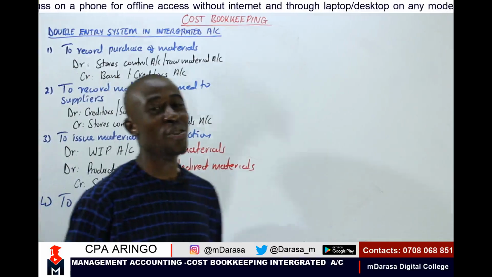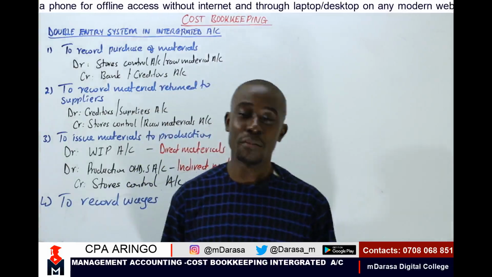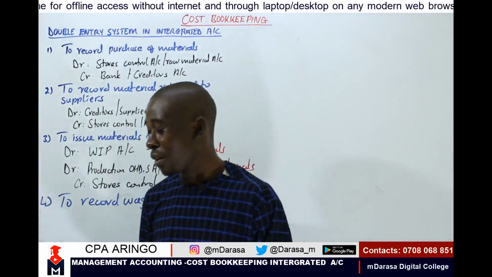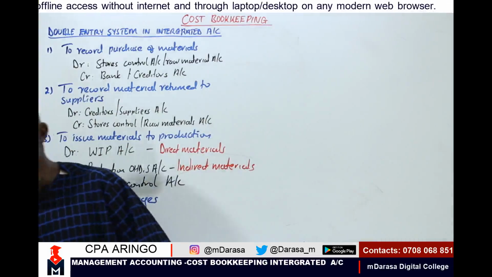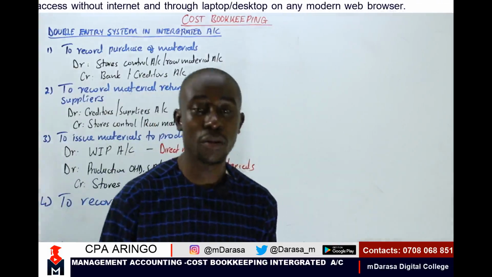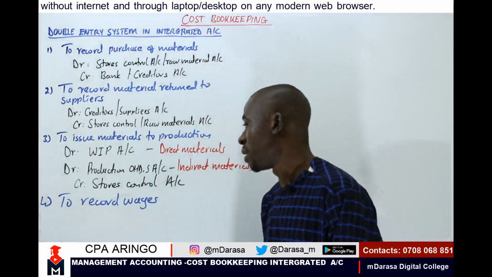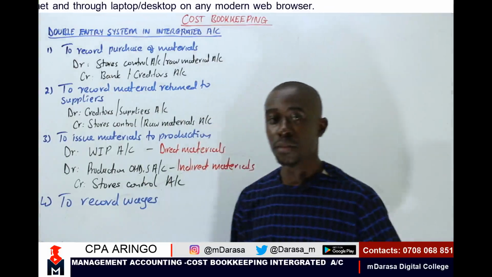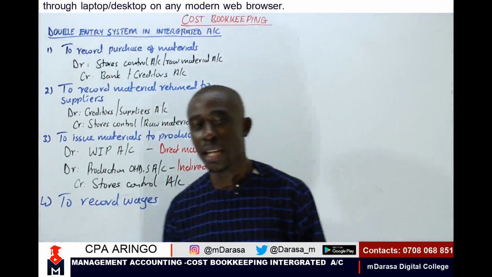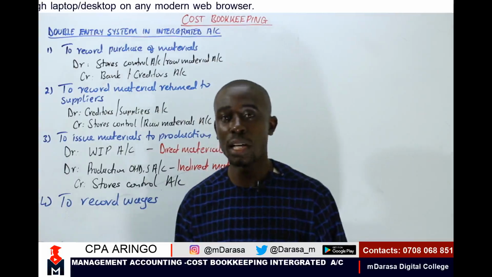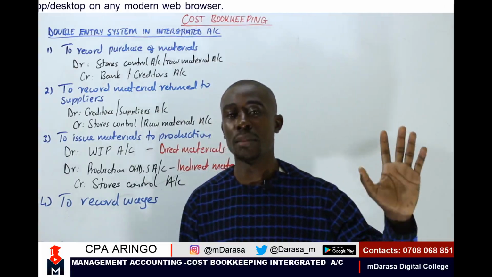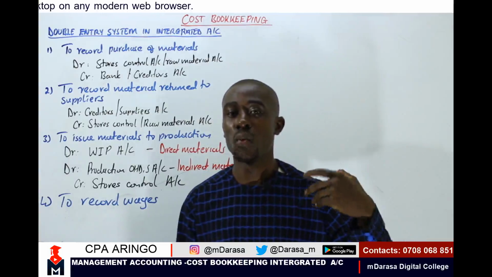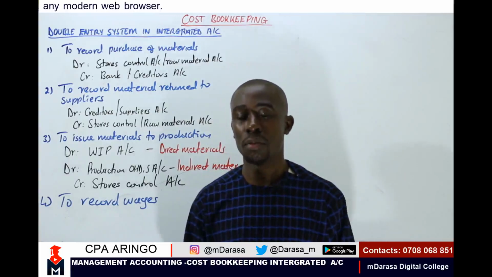So in this case, my good students, by now you should be very familiar with this. If you can remember the concept of double entry in your financial accounting, the same case will apply here, because to record the wages, wage is an expense account and all expenses are always debited. Whereas, where am I going to get this money to pay?